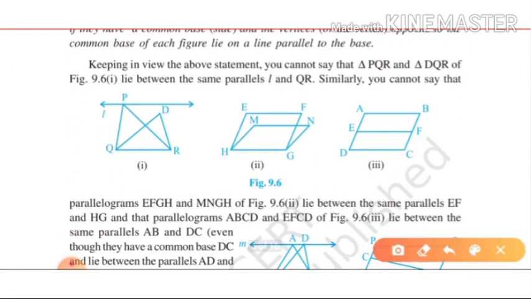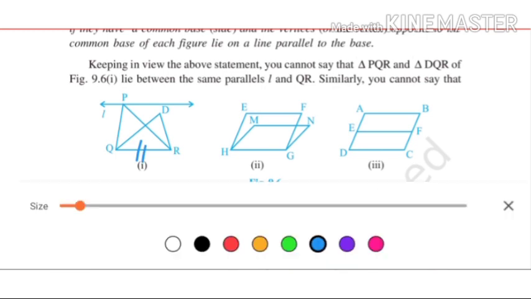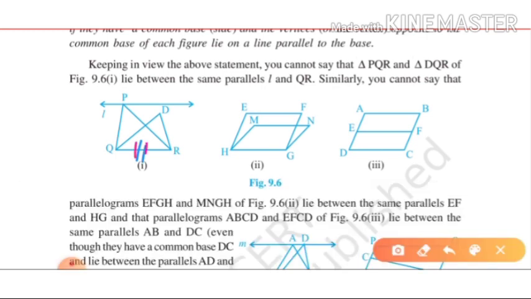Here they are standing on the same base, QR. Here they are standing on the same base, HG, and they are between the same parallels also. But remember, this D is not on this parallel line, so we cannot say they lie between the parallels.